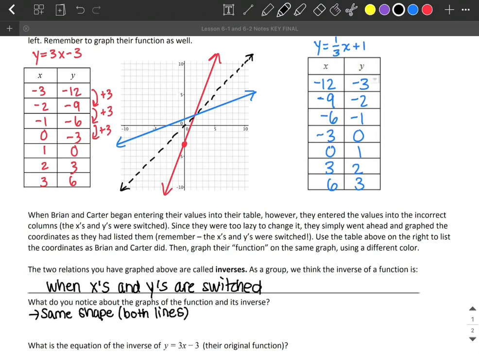And the line that they look symmetrical over is that line y is equal to x. So this is the line y is equal to x. Those two lines look like mirrored images of each other over that line.